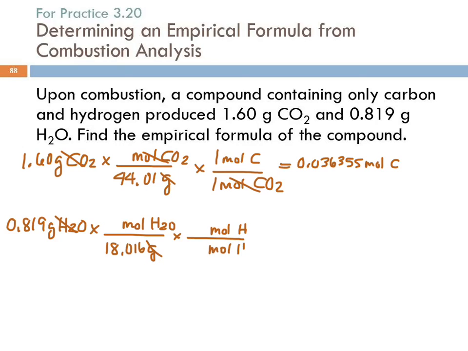Well, what's the ratio, moles of hydrogen to moles of water? 2 to 1. 2 moles of hydrogen to 1 mole of water. 0.819 divided by 18.016 times 2. So this is 0.090919 moles of hydrogen.